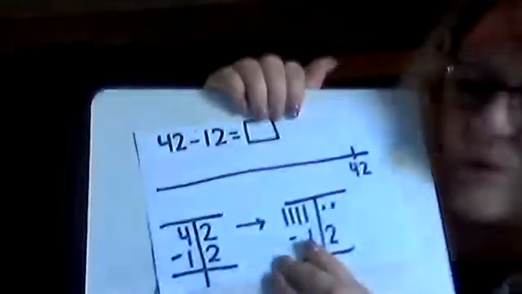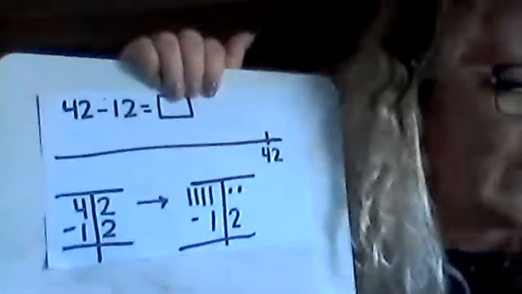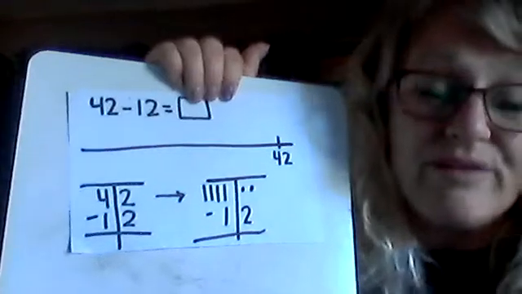All right. The next one we're going to do is subtraction. Here we go. We're going to choose 42 take away 12.